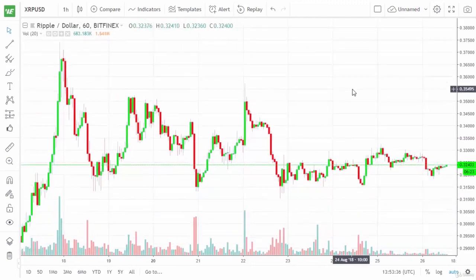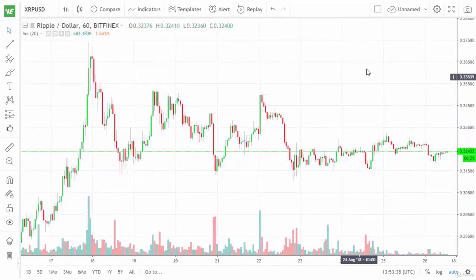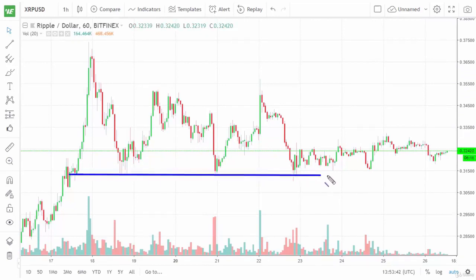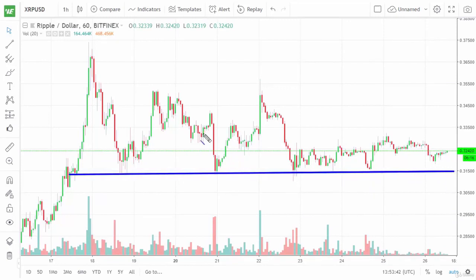So, as you see the Ripple chart in front of you, it doesn't take a lot of imagination to notice that somewhere around 31.5 cents, there seem to be buyers coming back into the market. That is support. Market participants are supporting Ripple at this level, this price.